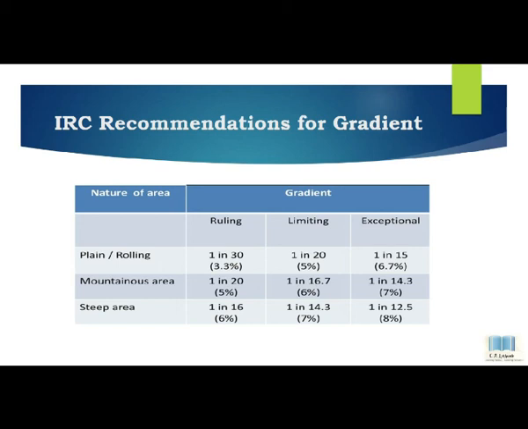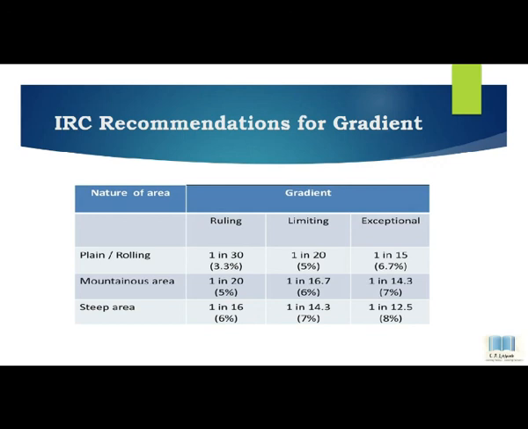Then the second nature of area is mountainous area. For mountainous area, the ruling gradient is 1 in 20, that is 5%. Then for limiting, it is 1 in 16.7, that is 6%. And for exceptional gradient in mountainous area, it is 1 in 14.3, that is 7%.